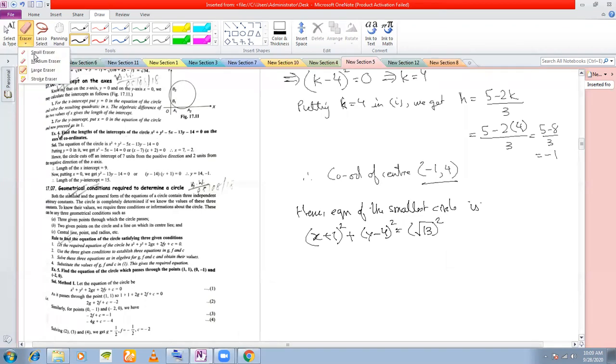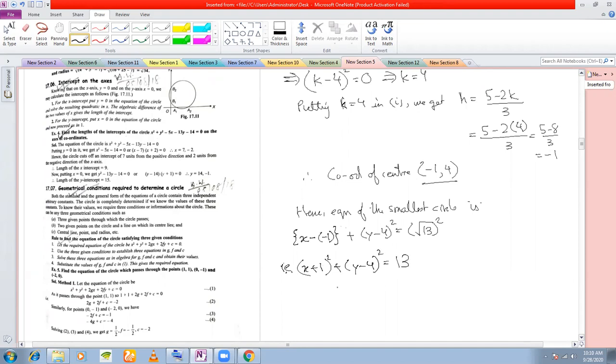In the next step, I can write that as (x plus 1) whole square plus (y minus 4) whole square is equal to 13.